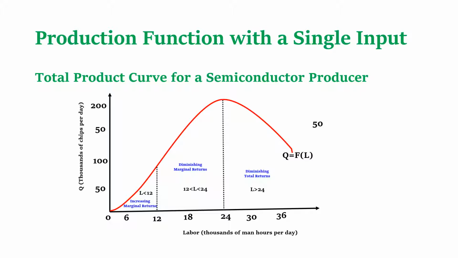Now let's look at the next part here. That is when he decides to employ between 12 and 24 workers. So what is going to happen here? Output is going to increase, but it is going to increase at a decreasing rate. It is not going to increase at an increasing rate.